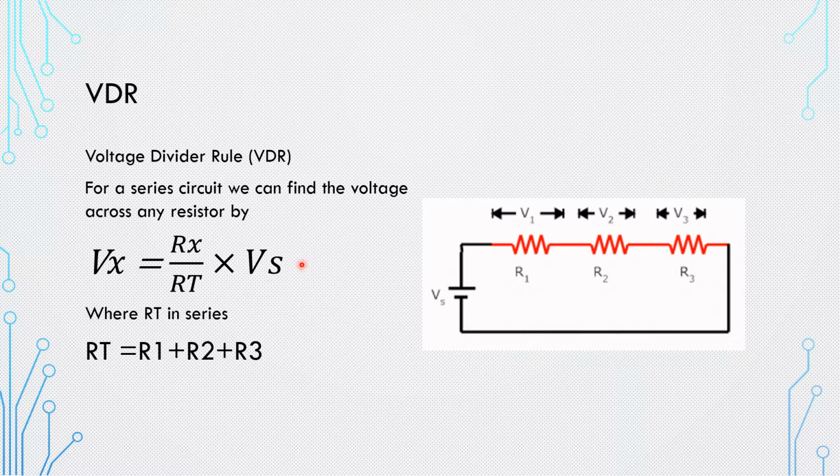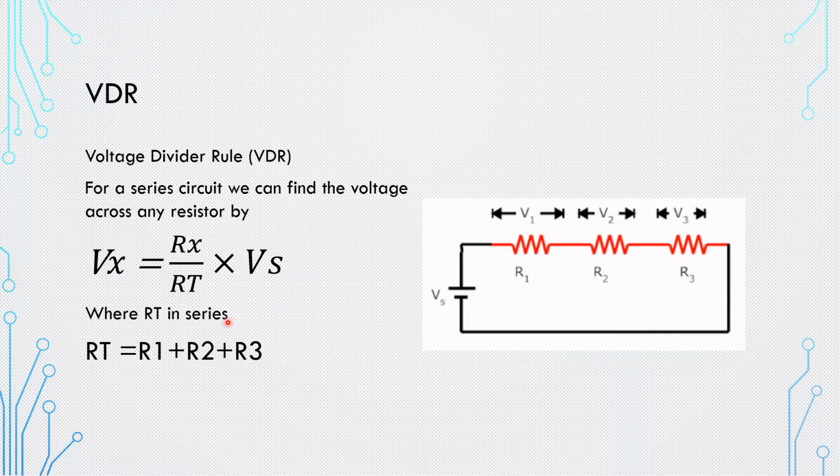You also need to know the total voltage that you supply to your circuit. Knowing these two pieces of information, I can find the voltage across each resistor. So X here represents the resistor that you want to find the voltage across. If I ask you to find V1, just replace X here and X here. So it's going to be as follows: V1 equals R1 divided by R total multiplied by V source.